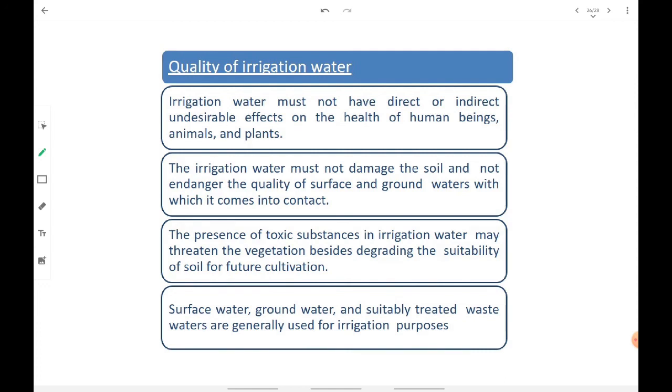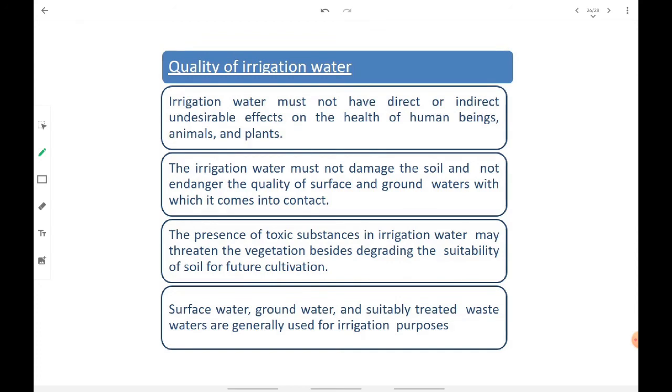Then irrigation water must not damage the soil. Okay, it should be safe for the soil also. It should not endanger the quality of surface and groundwater with which it comes into contact. See, if you are mixing too much mineral, too much fertilizer in the irrigation water, then what is going to happen?